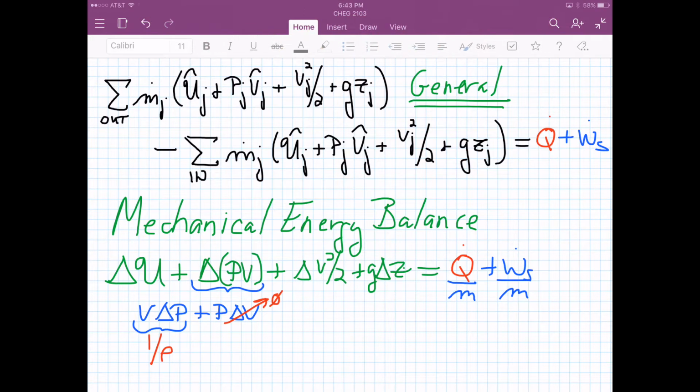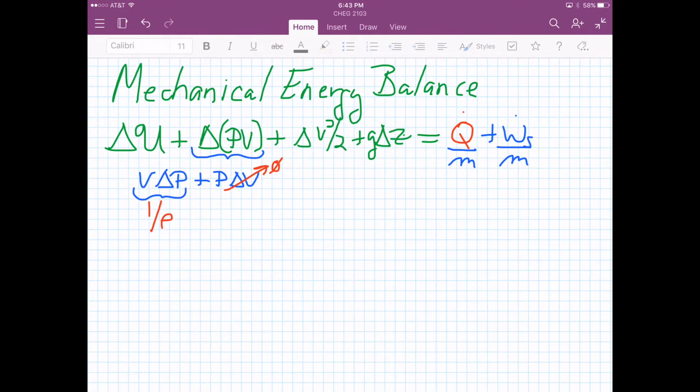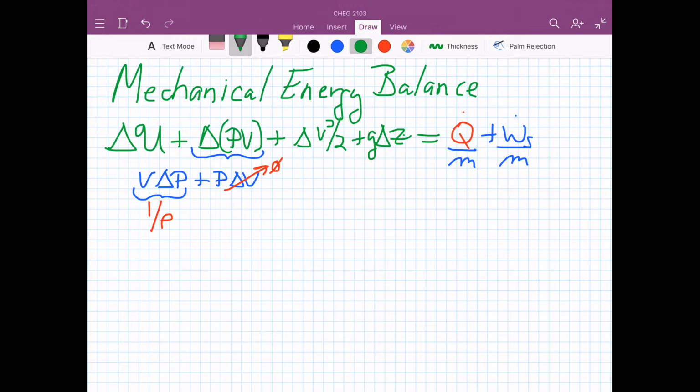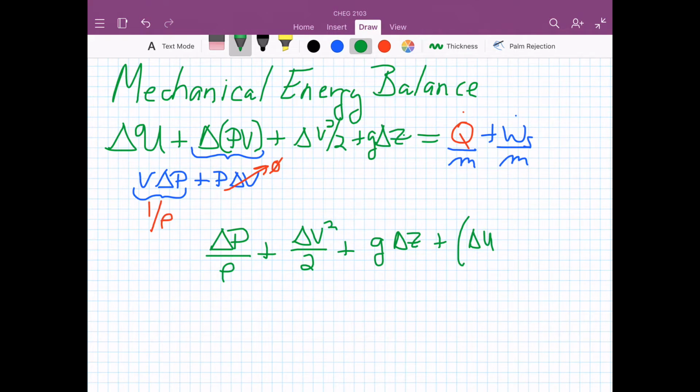So if I then gather terms that are similar or important, what I'm going to see is I get delta P over rho plus delta V squared over 2 plus g delta Z plus delta U plus Q over m is equal to the shaft work. And so this is our pressure change term.